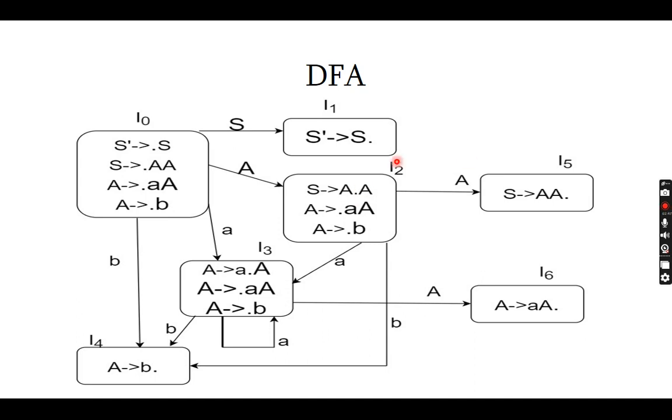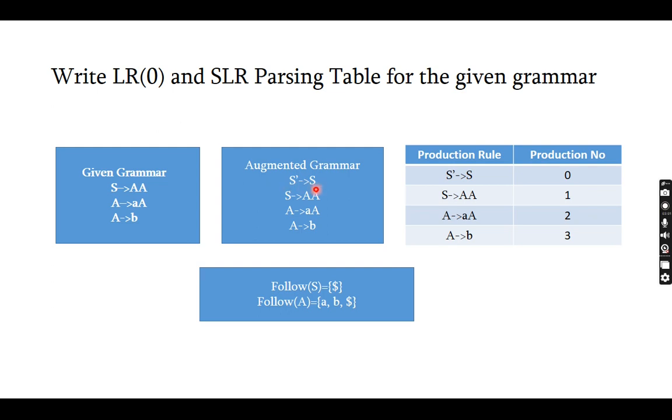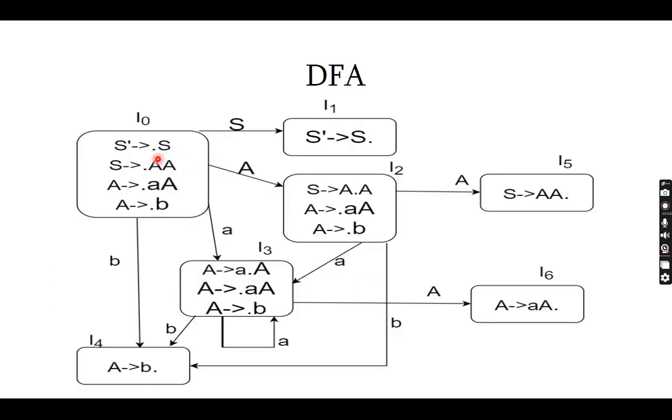Now we have to construct a DFA for this grammar. In this DFA, you take the augmented production S dash derives S and put a dot at the beginning of the RHS.